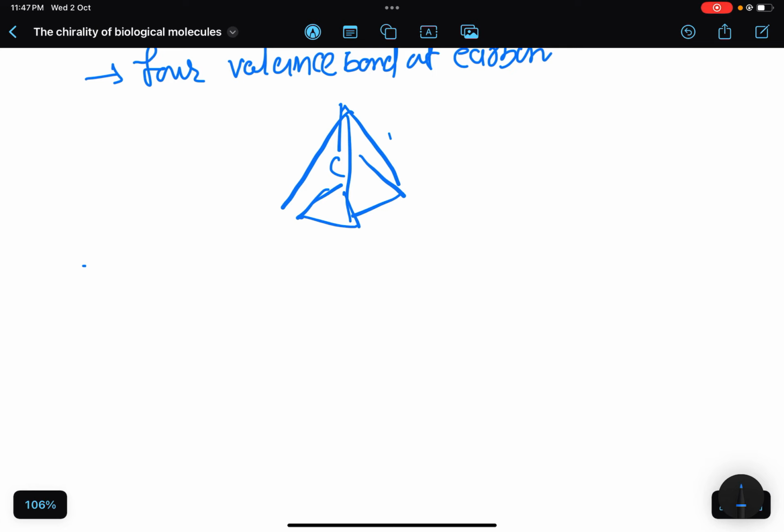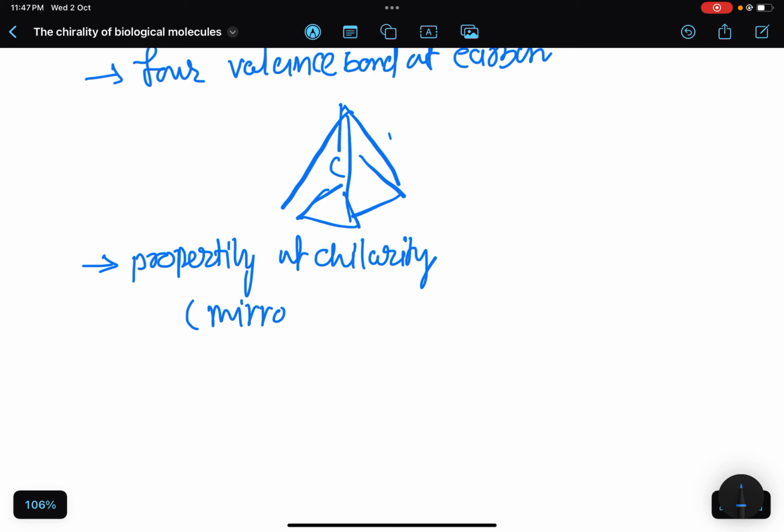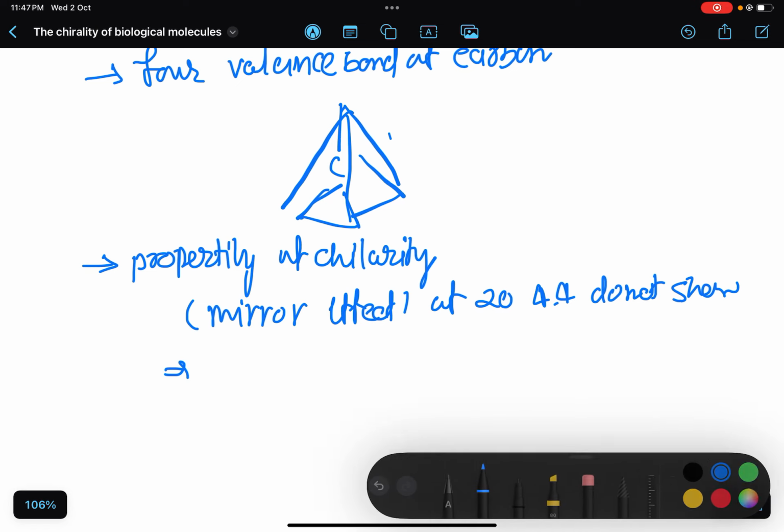The property of chirality shows a mirror effect, but not all of the 20 amino acids show it.